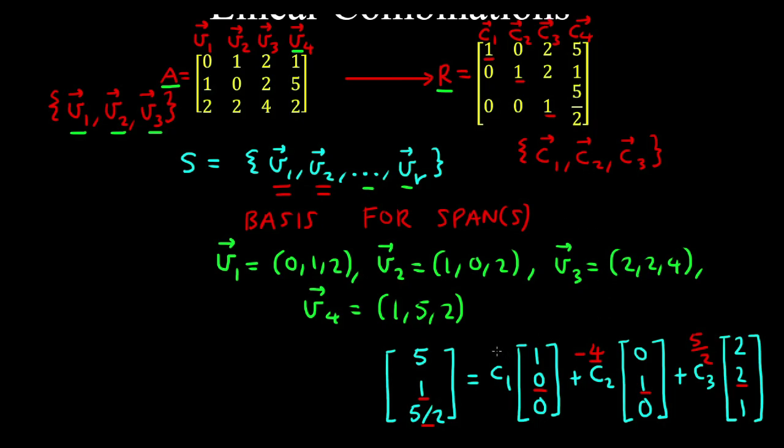And therefore C1 must be 0, because we have 5 on 2 by 2 is 5, plus 0 by 1 is 5.